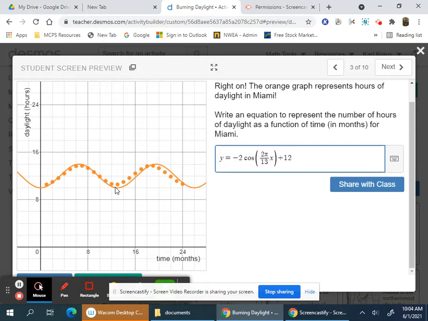That's a pretty good fit right there: y equals negative 2 cosine of 2 pi over 13 x, plus 12.